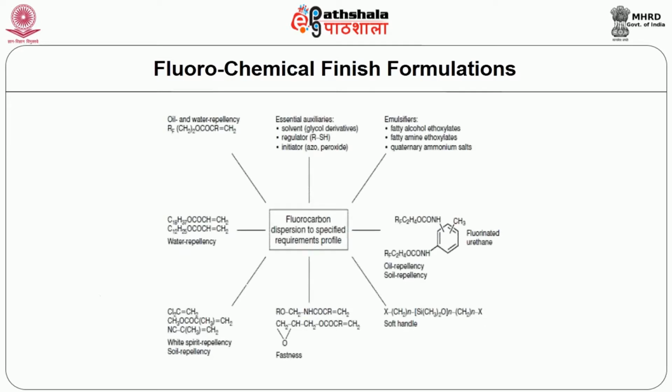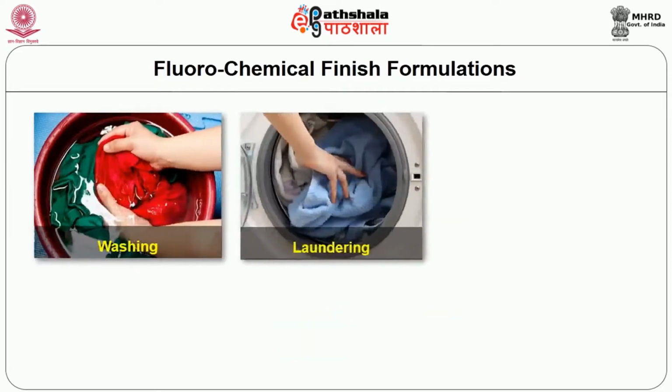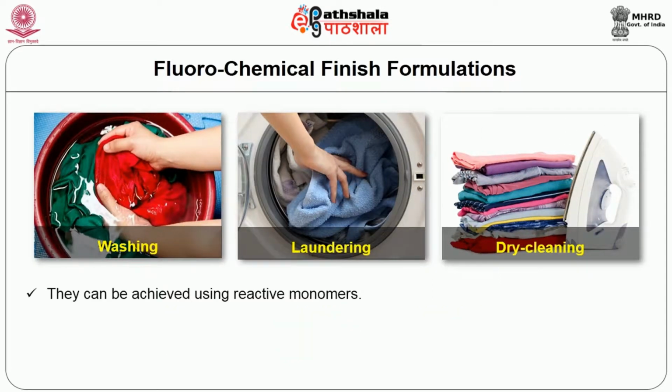The major components of fluorocarbon dispersions include oil repellency, then fatty acids, water repellency, and white spirit repellency, etc. The fastness of the fluorochemical finish to domestic washing, laundering and dry cleaning can be achieved using reacting monomers such as acrylates containing methylol or epoxy functional groups.